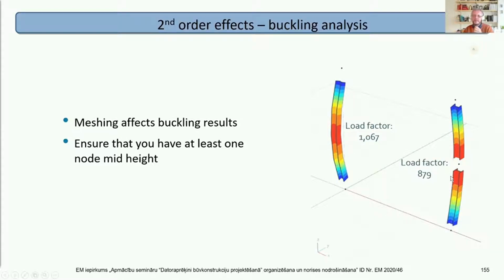Now, the second option with the mid-height node is looking at the translation horizontally of the mid-height node, and that's at the point of interest anyway. So this is a more accurate analysis, and it gives us a lower factor of safety.